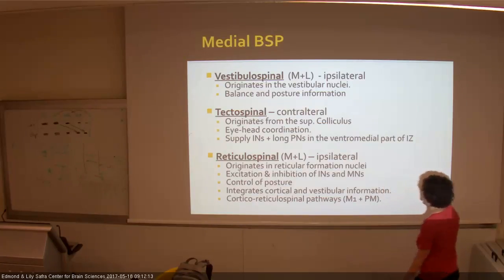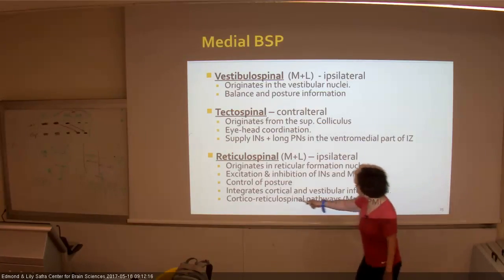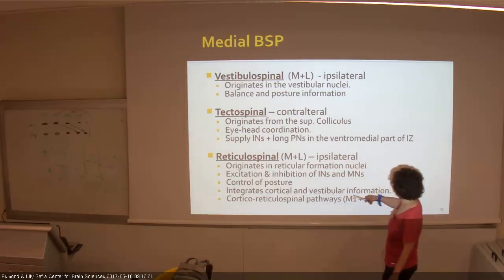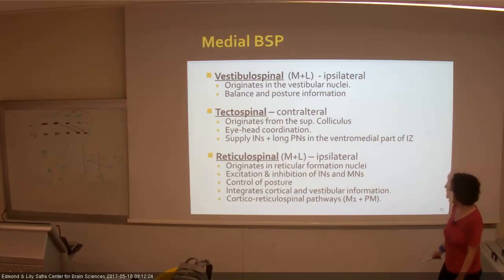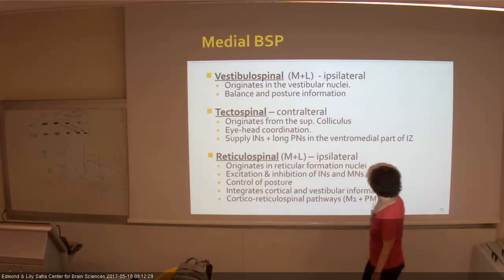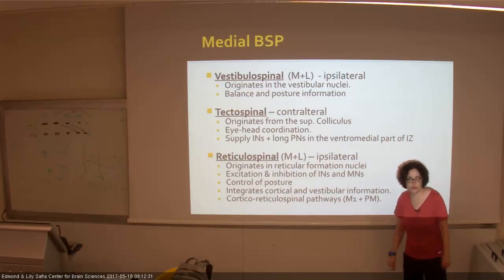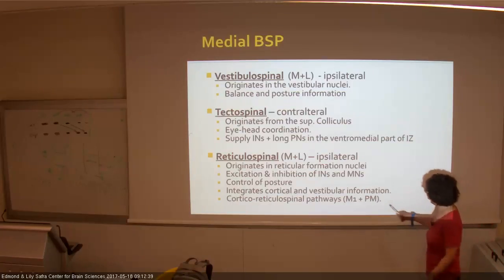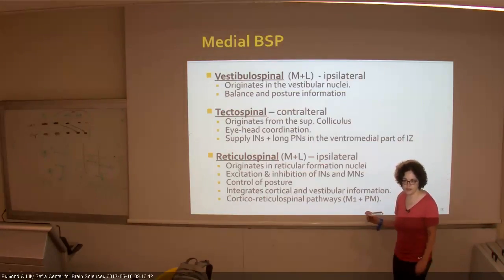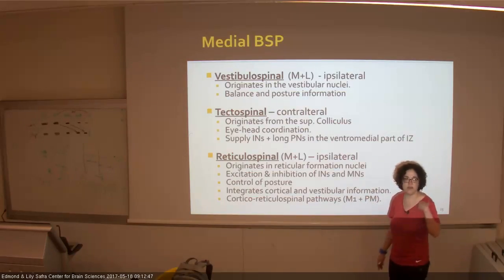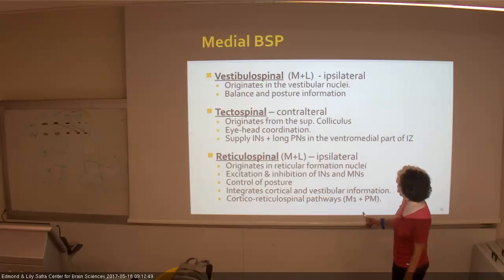The reticular formation integrates information from the cortex and vestibular nuclei, and it has very important cortical reticulospinal pathways that originate from M1 and premotor, that can affect neurons in the spinal cord, not only during movement but also during preparation of movement. So the system is considered important in relaying cortical commands downstream.